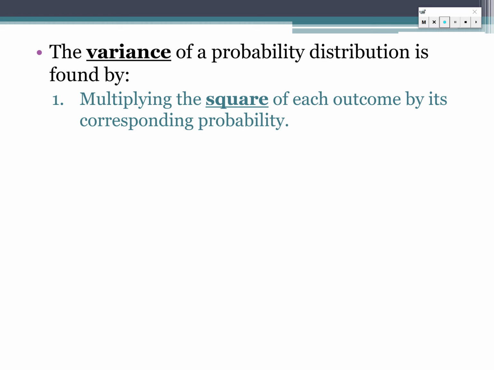So you're going to multiply the square of each outcome by its corresponding probability. How you start the variance is really similar to finding the mean. The mean was each outcome times its corresponding probability. Now it's the square of each outcome times its corresponding probability. So really similar starts for the two.